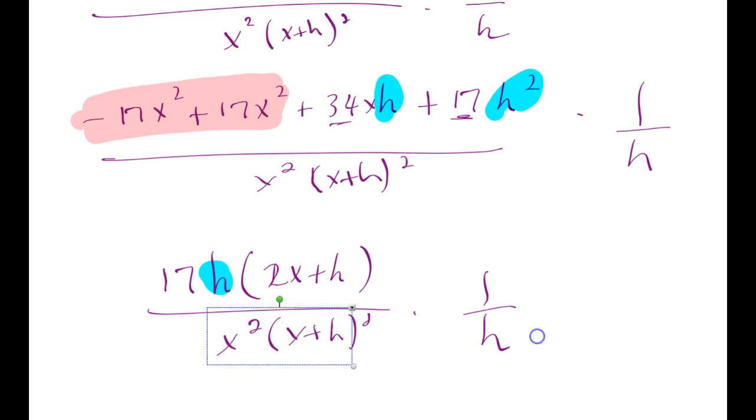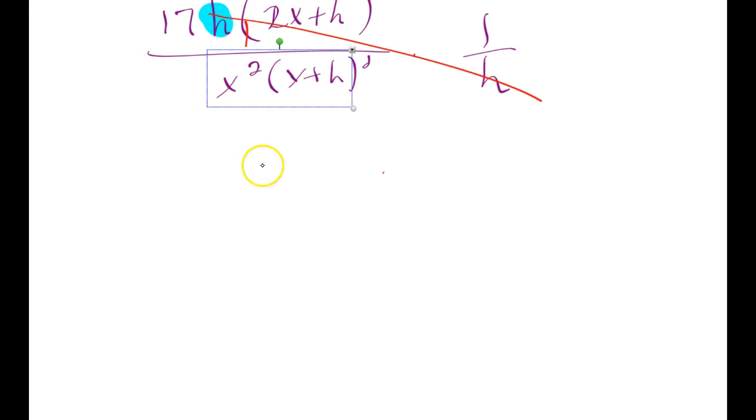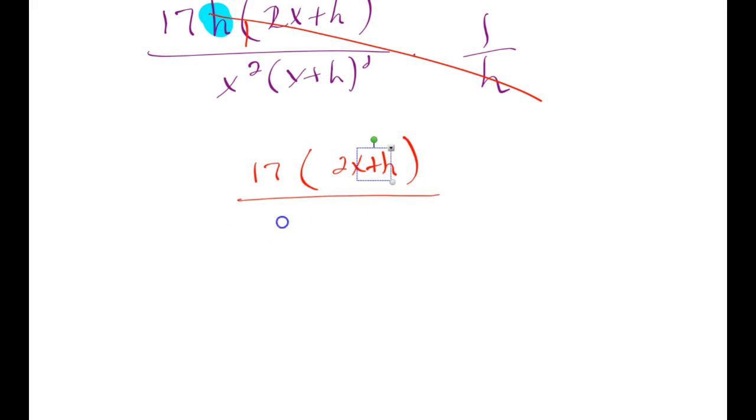Times 1 over h, and it looks like I can cancel at least an h here. So I might be getting close to the final answer. I think I got a 17 floating around. I got 17 times 2x plus h, all divided by x squared times x plus h quantity squared.